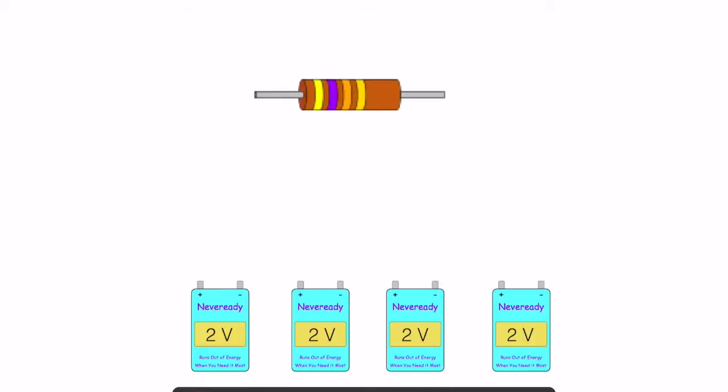Okay, we have a resistor, and we'd like to hook up these batteries in series to this resistor. So we would take our negative and hook it to positive. We'd take our negative and hook it to positive, our negative and hook it to positive. Then we'd take the one positive that is not connected to anything else and connect it to the resistor.